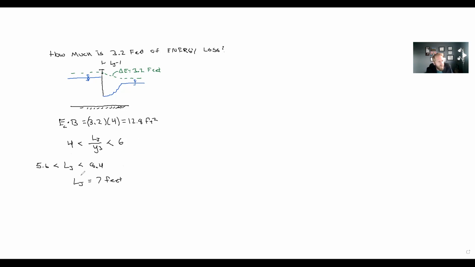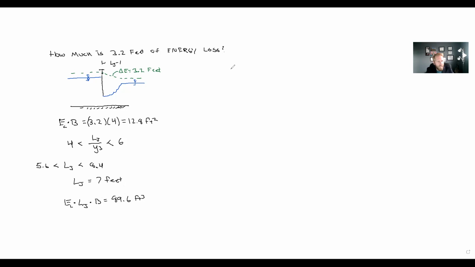So if I get all of this energy loss into cubic feet, the energy loss times the length of the jump times the width of the channel is going to be in cubic feet. That equals 89.6 cubic feet.